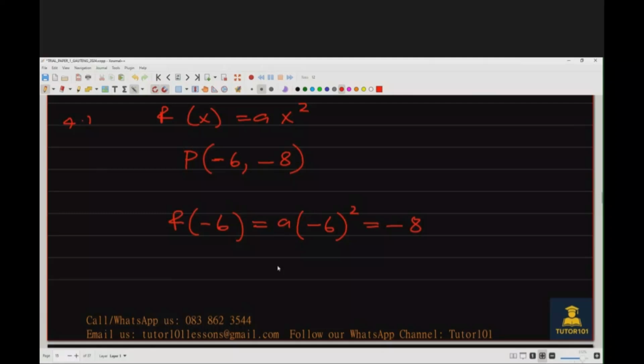And a here is equal to -8 over 36, and that's -2 over 9.